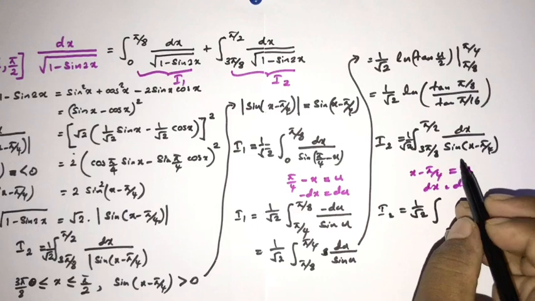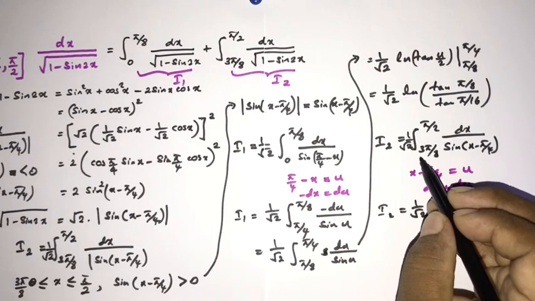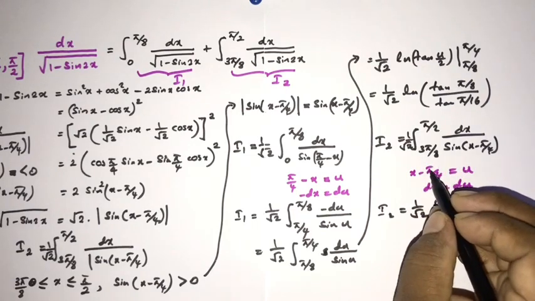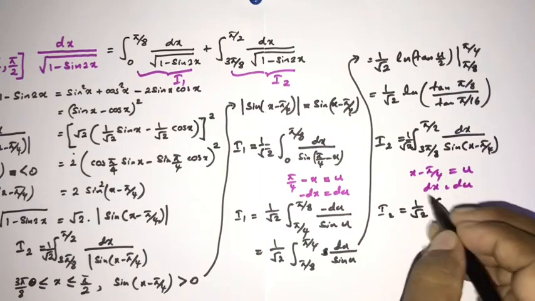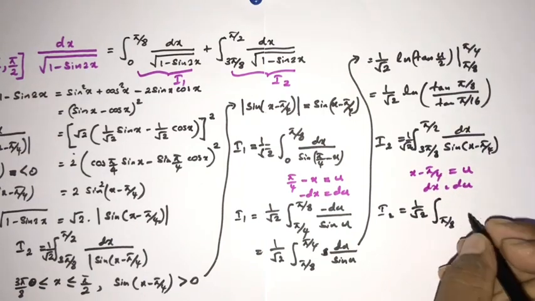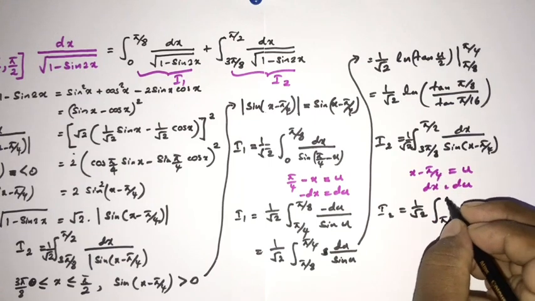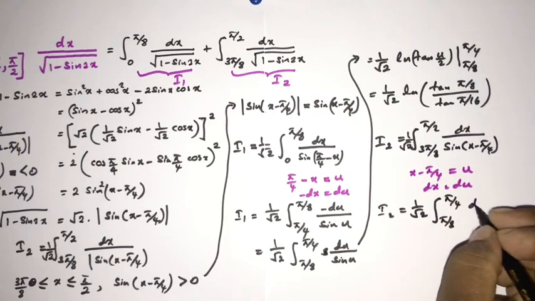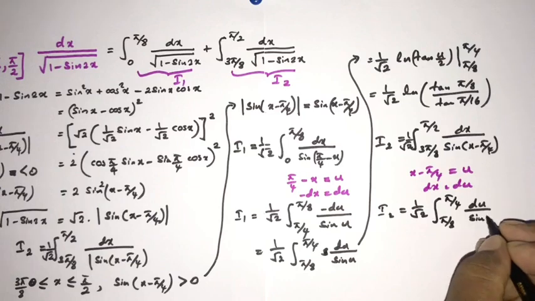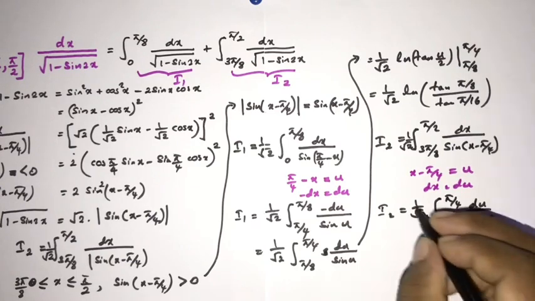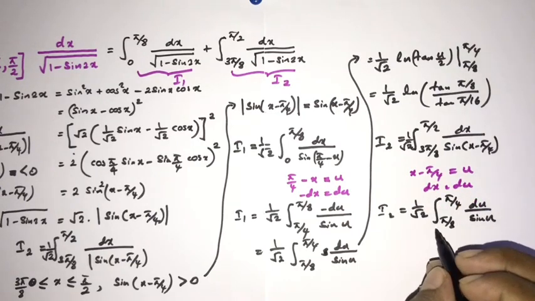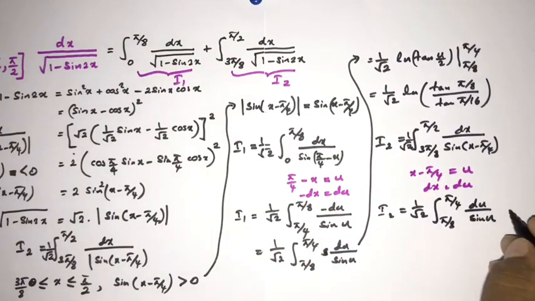The lower limit, when x is 3π/8, is π/8, and the upper limit is π/4, with du over sine of u, and this is also equal to our integral I1.